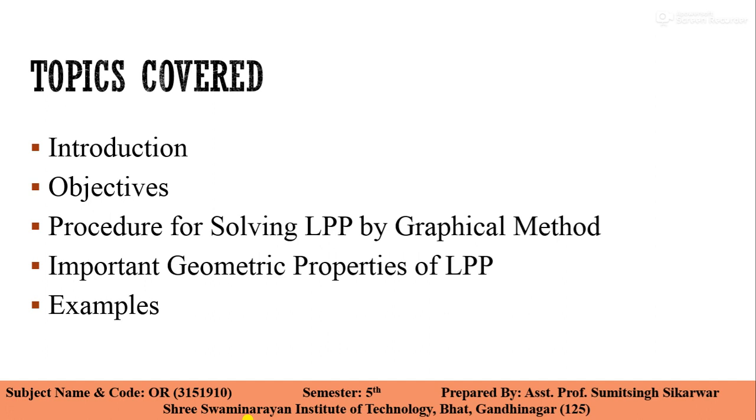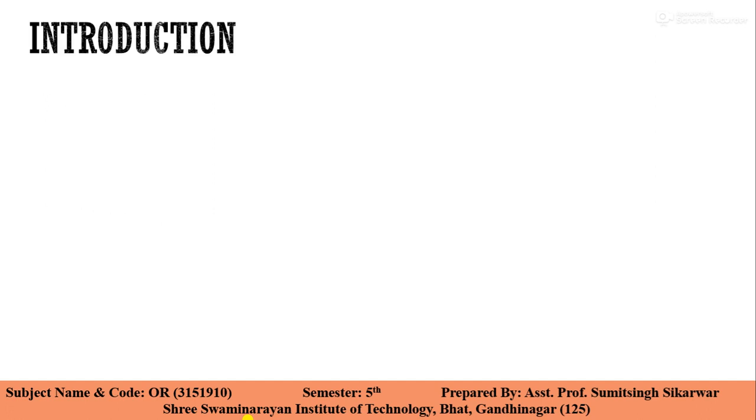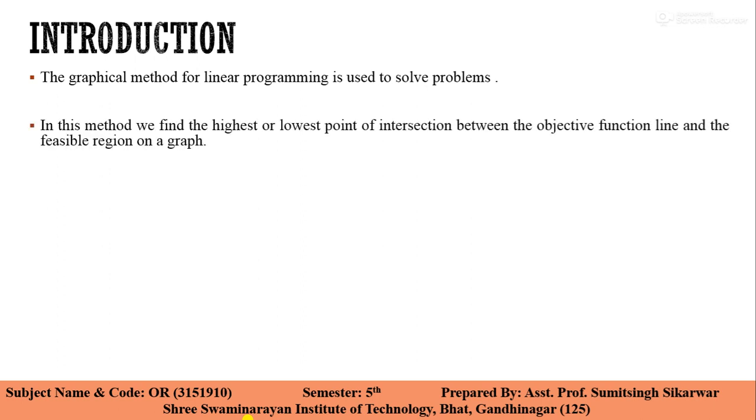So let us begin with the introduction to graphical analysis. The graphical method for linear programming is used to solve problems. In this method, we find out the highest or lowest point of intersection between the objective function and the feasible region on a graph.